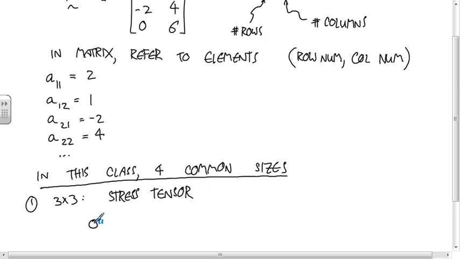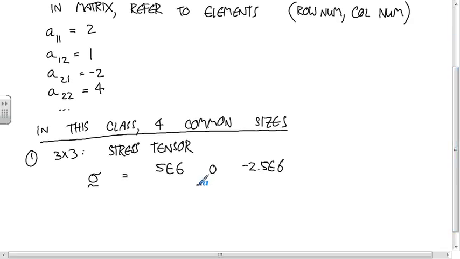An example is, that's the Greek letter sigma. That's usually what people use to represent the stress. And an example might be 5 times 10 to the positive 6 pascals, 0, -2.5 times 10 to the 6. Then on the main diagonal, -1.5 times 10 to the 7, and 8.0 times 10 to the 8. And then 0, 0, 0, -2.5 times 10 to the 6.